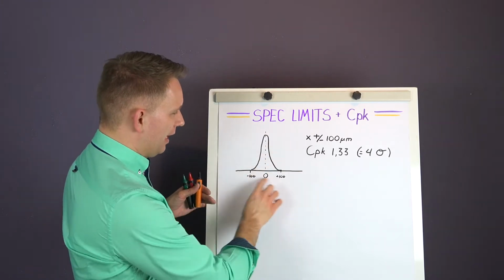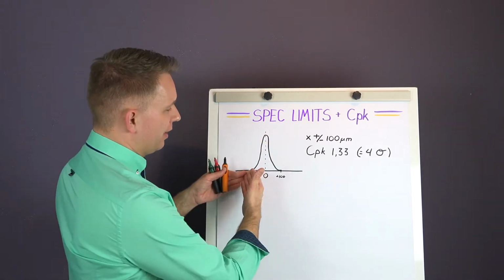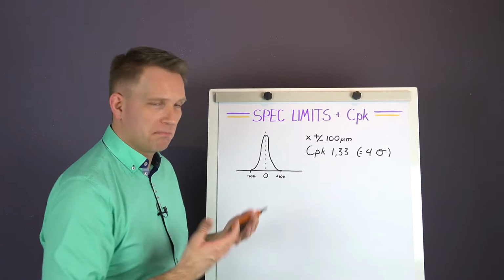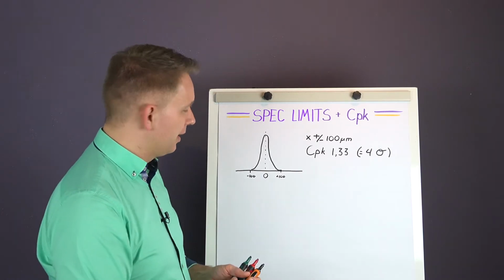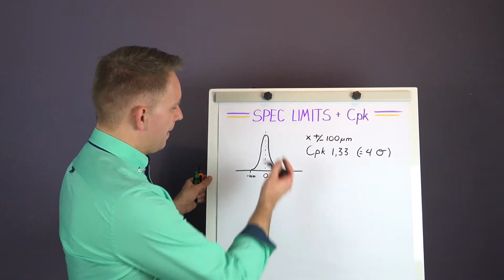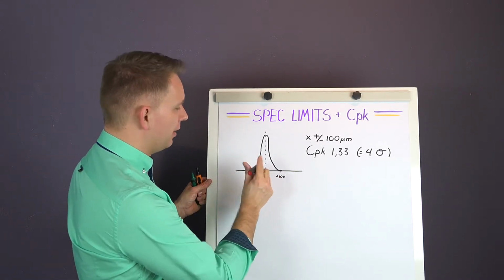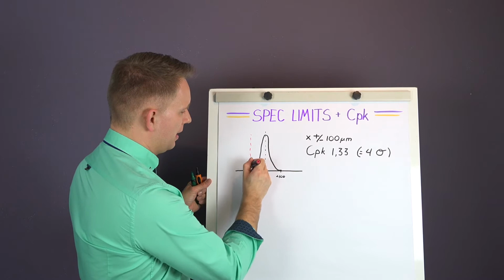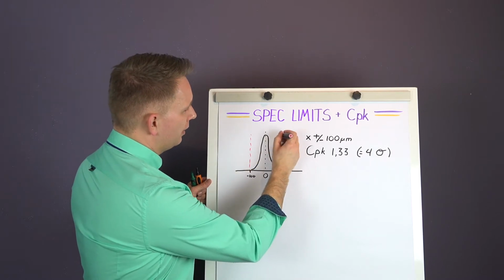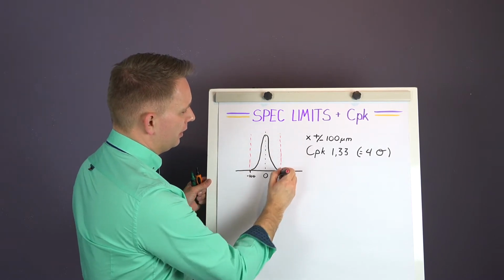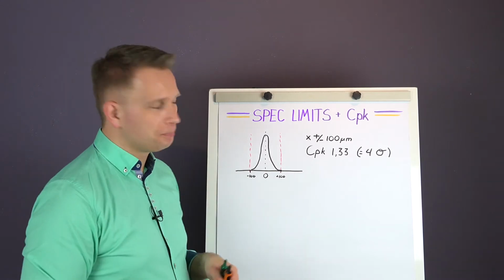When we have our natural variation, actually, let's first start with our specification line, the way our product works. We want our part to be centered between minus 100 and plus 100.